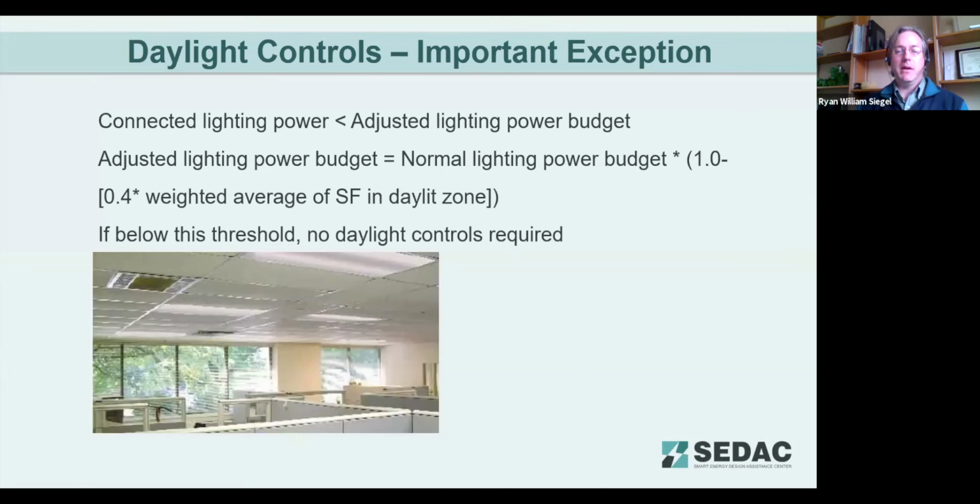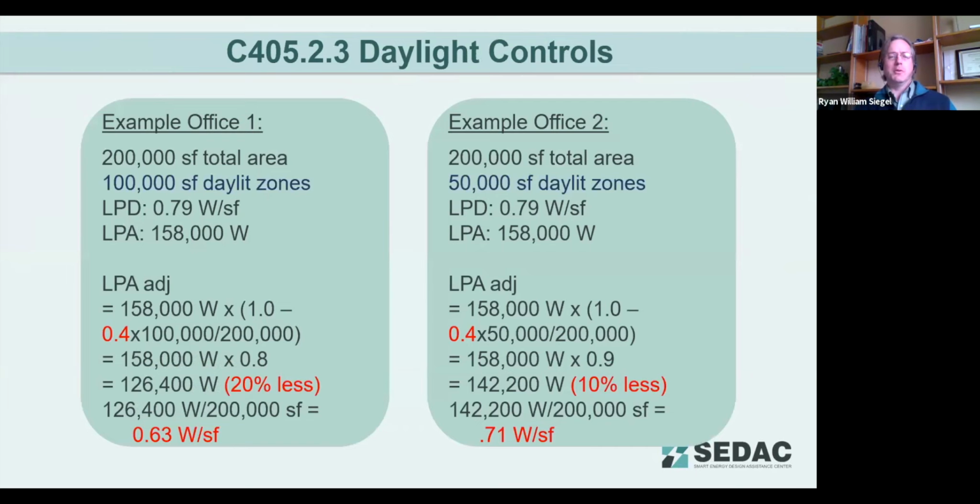If you can drive down your lighting power density by the weighted average area in the daylit zone, then you don't have to purchase, install, commission, and maintain the daylighting controls for that. Rarely do I like to see an exception, but this is one that, if we can avoid it, can be very helpful and beneficial.